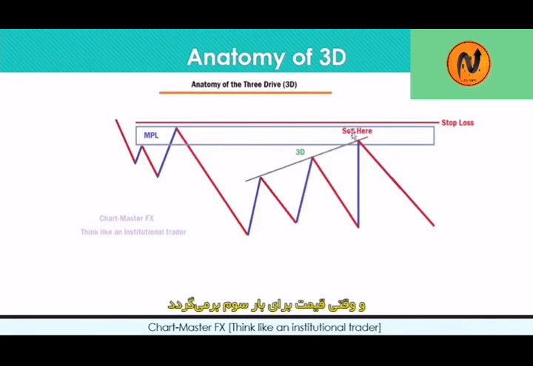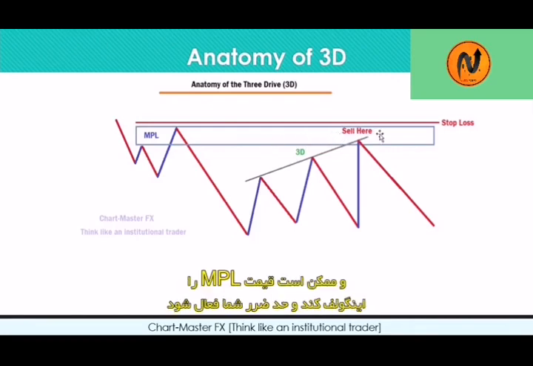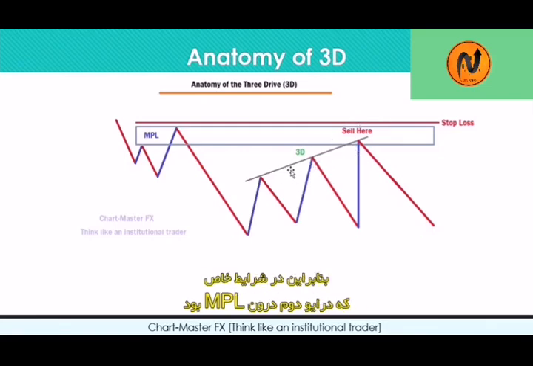So as the price comes the third time, for the third drive, it is already weak, so the price may end up going to engulf the MPL, hitting your stop loss. So maybe when you see a certain condition where the second drive is inside the MPL, you wait for the reaction of the third drive.